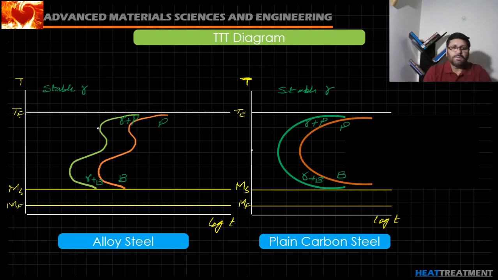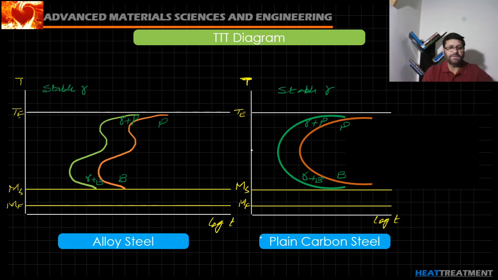Now the upper portion has the C curve for the pearlite, and the lower portion has the C curve for the bainite. Or we can say that there is a separate nose for pearlite and a separate nose for the bainite. So this is the first significant effect for the case of alloy steel, which differs from the plain carbon steel.